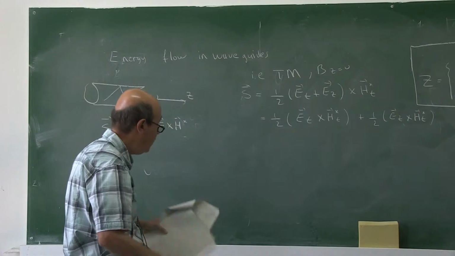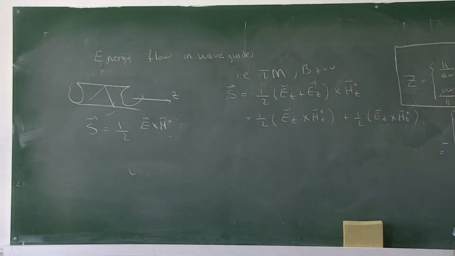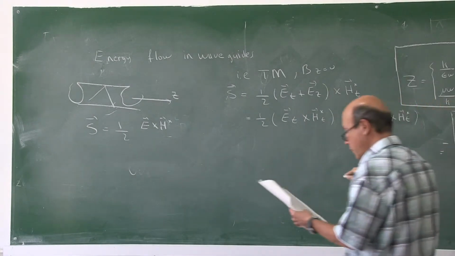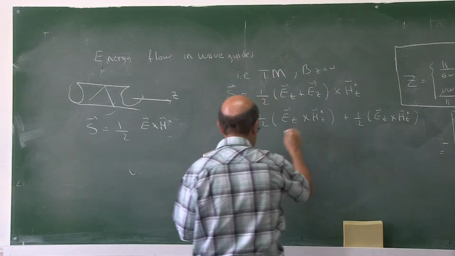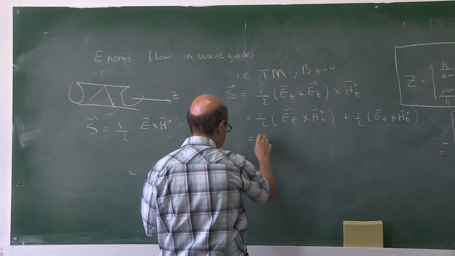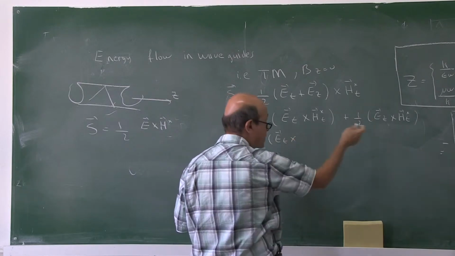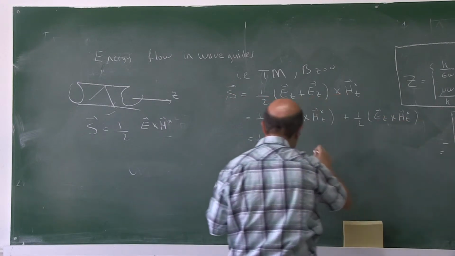So from now on, I will use the information I have for H transverse. What is H transverse? Let me go one step further. 1/2 E transverse cross H transverse, that is 1/wave impedance.